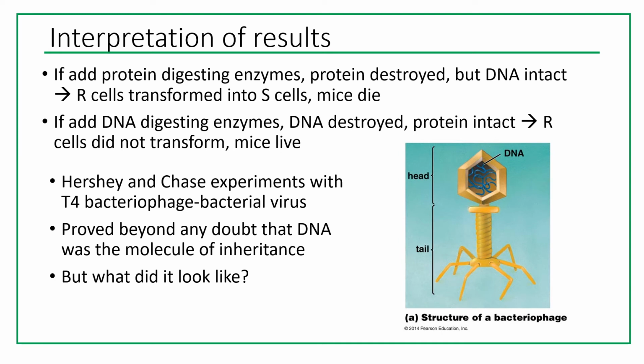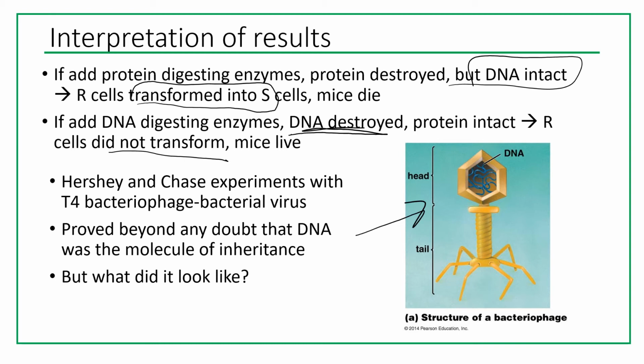So here we have the interpretation of Avery's results. If we add protein-digesting enzymes, protein is destroyed but DNA is intact, so we have transformation into S cells. If DNA is destroyed, then no transformation.